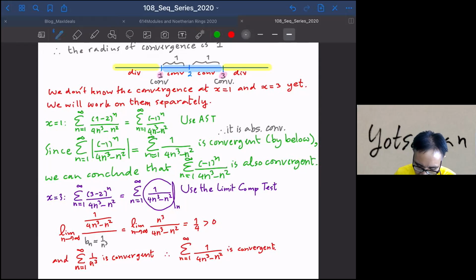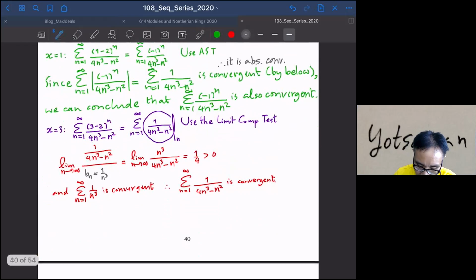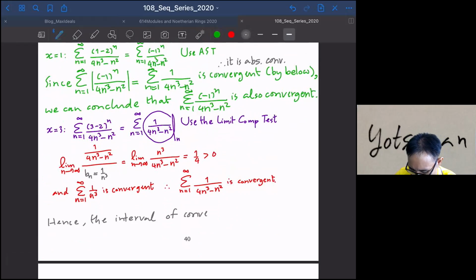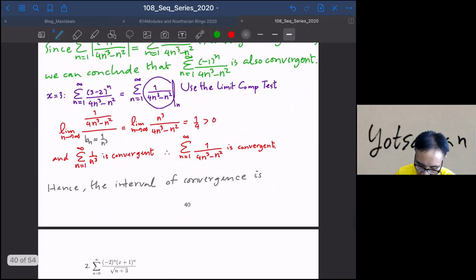Okay, so we're going to conclude the interval of convergence. Hence, the interval of convergence is given by, so you basically copy the above picture down.